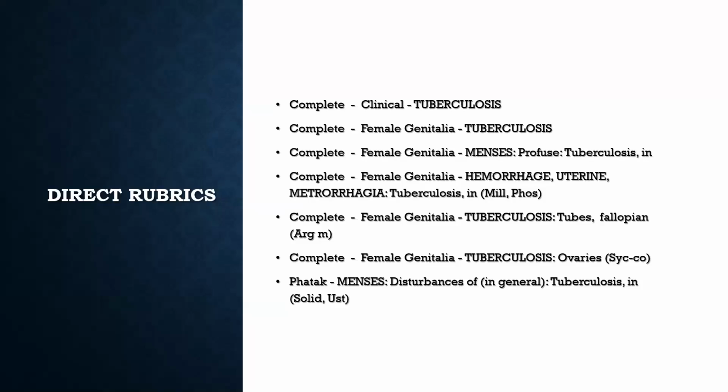Then we can think about millefolium and phosphorus for uterine hemorrhages, tuberculosis in. So basically, if the patient who is coming to you is having these particular symptoms and you go and check, you will get these kinds of remedies. Solidago and Ustilago for disturbance of menstrual pattern, then lobelia, lycopodium, pulsatilla for menses suppressed. That too in case of tuberculosis.